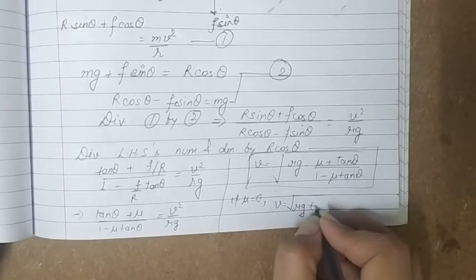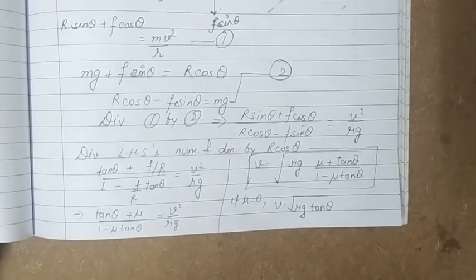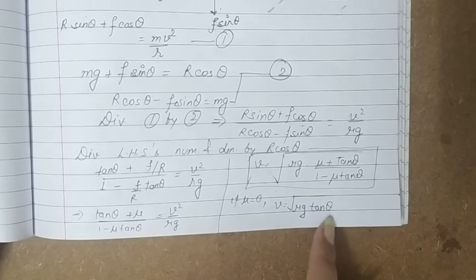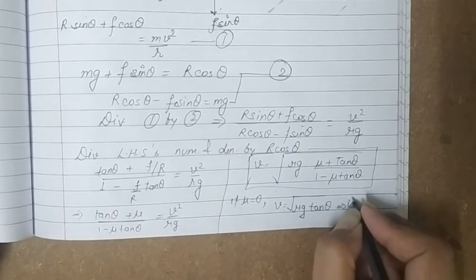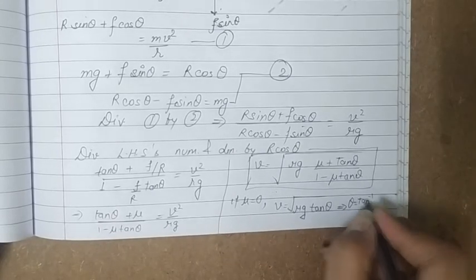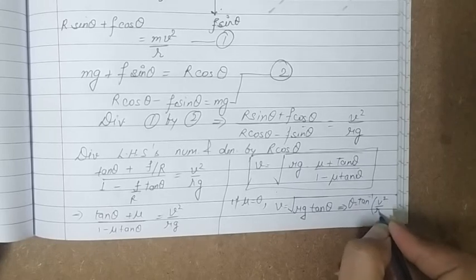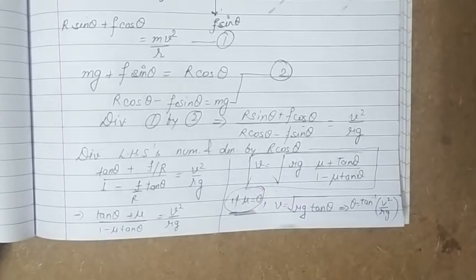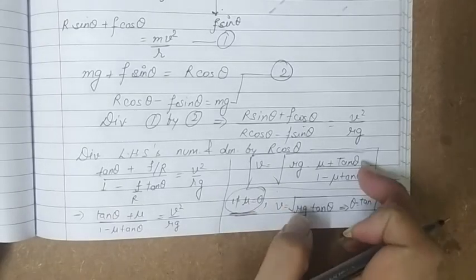So the answer will be under root rg tan theta in that case. And we can also find that angle of banking for minimum wear and tear of tires. From this relation, we get theta is equal to tan inverse v square upon rg. Now this is the case when there is no friction between the tires and the road. This is a special case, and the earlier answer is the general one.